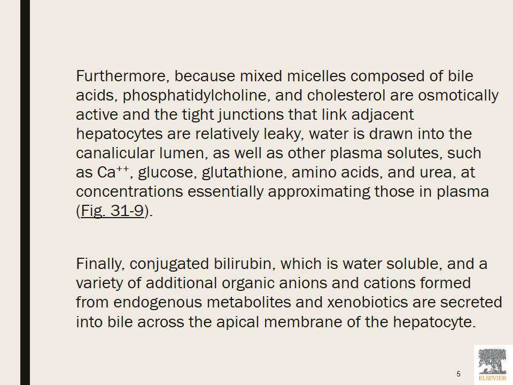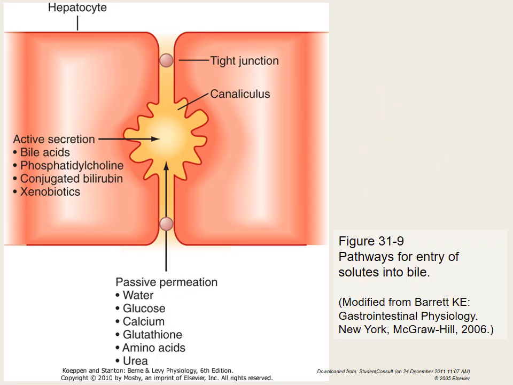Finally, conjugated bilirubin, which is water-soluble, and a variety of additional organic anions and cations formed from endogenous metabolites and xenobiotics are secreted into bile across the apical membrane of the hepatocyte. Here you see the pathways for entry of solutes into bile.